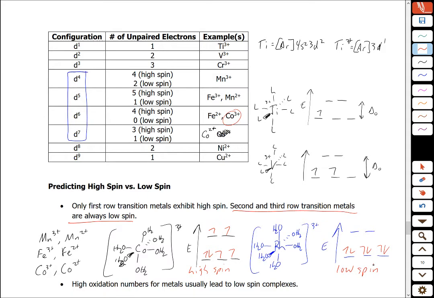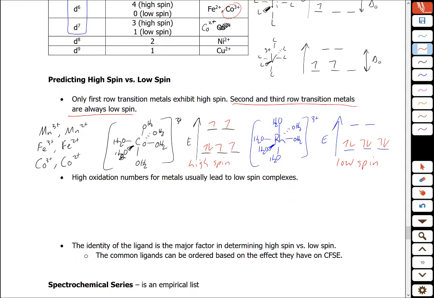Okay, so other examples. Metals with high oxidation states are going to tend to give low spin complexes. I'm going to explain this very quickly. High oxidation numbers mean a large positive charge, which means that those metals are very electron deficient.